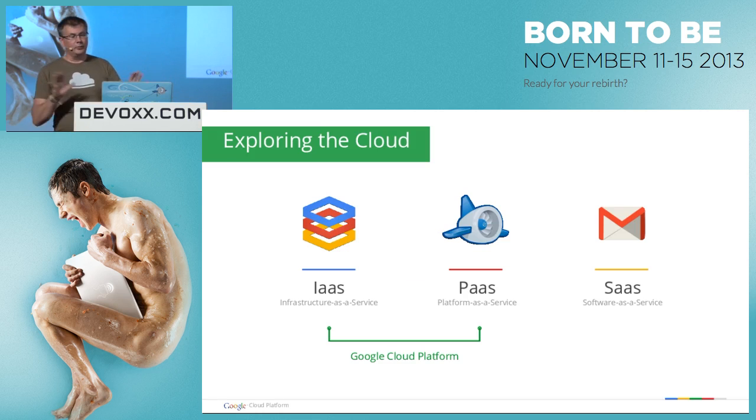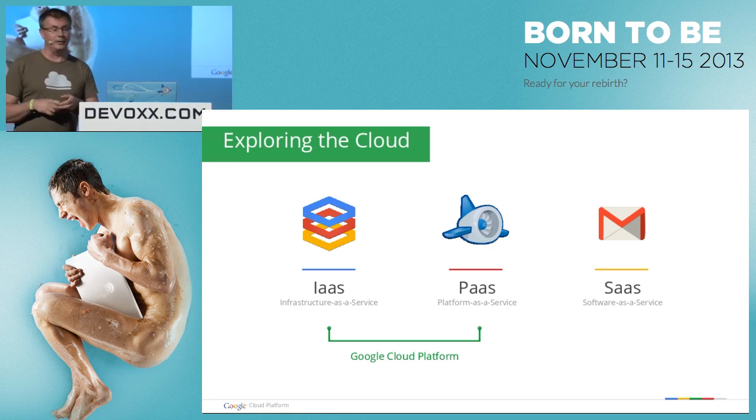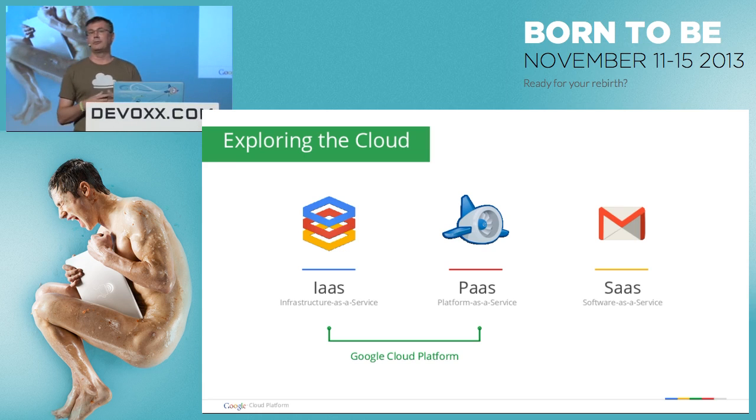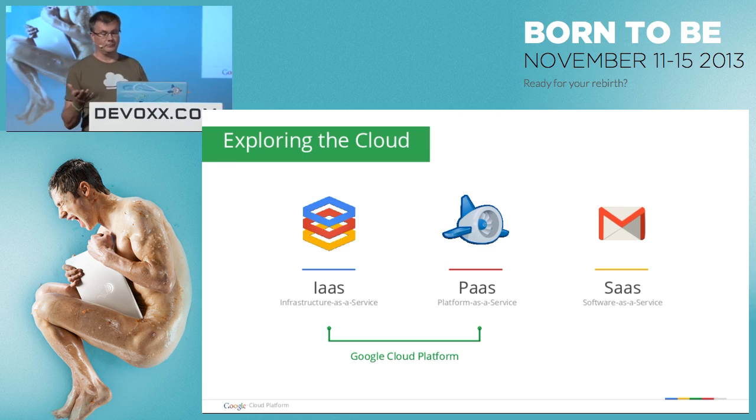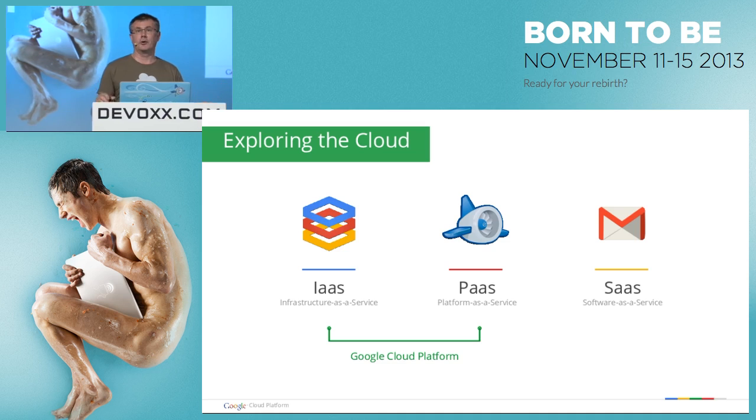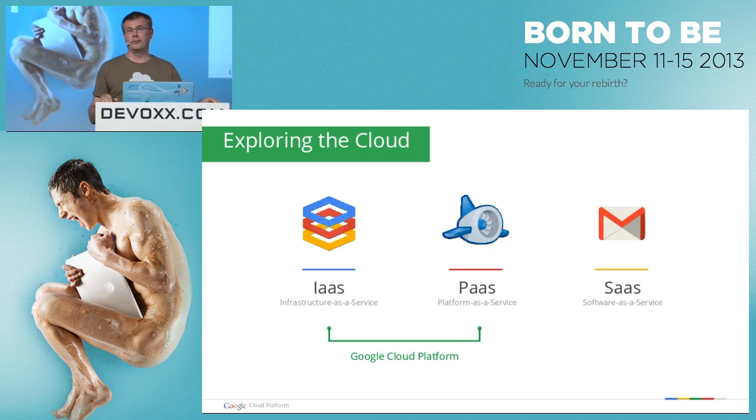So at Google, we currently do three big things. The first one that you might know well is software as a service. I guess all of you are using or have seen Google Docs or Google Mail or Google Calendar. Those things are software that are running. So you go to a page, you use the software.